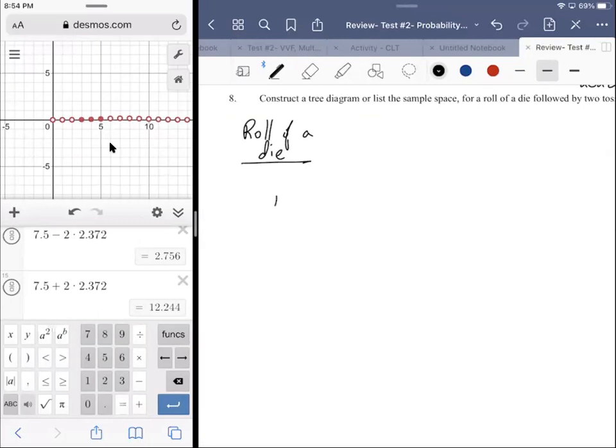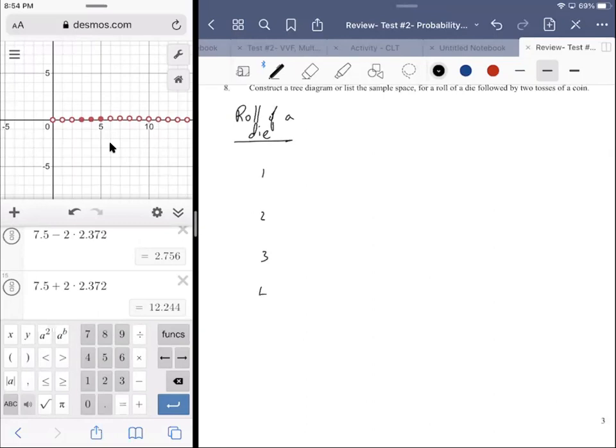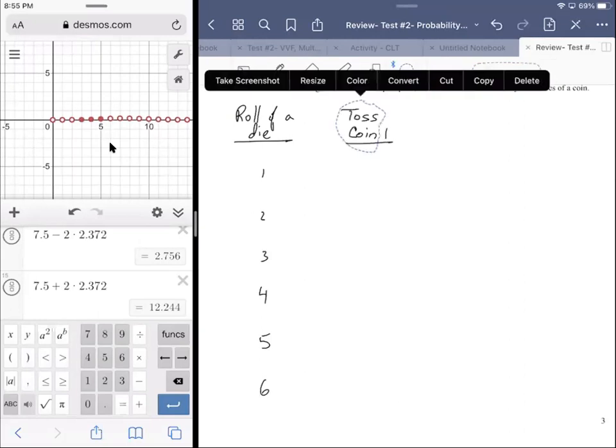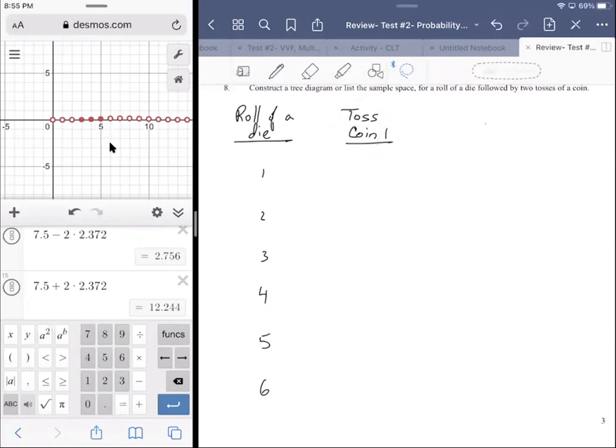So the numbers 1, 2, 3, 4, 5, 6. Then I'm flipping the coin or tossing the coin twice. So I'll just say toss coin 1. And then, toss the coin a second time. All right.